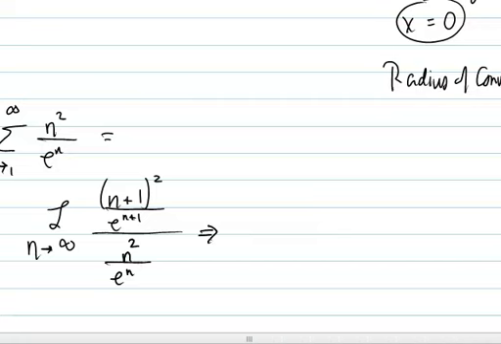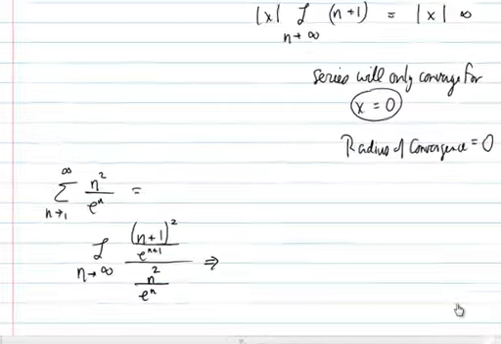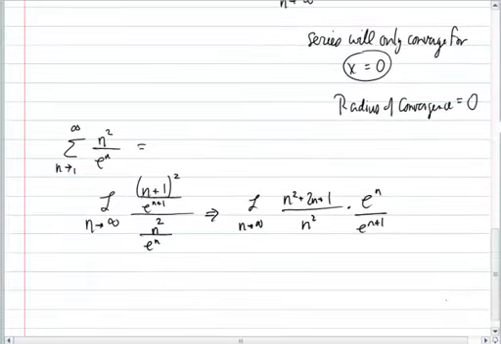Remember, before we evaluate the limit, let's just simplify the fraction. So right here you can see I expanded my n plus 1 squared, and I rewrote it as multiplying by the reciprocal. And now when I check out the limit, I'm going to cancel out.